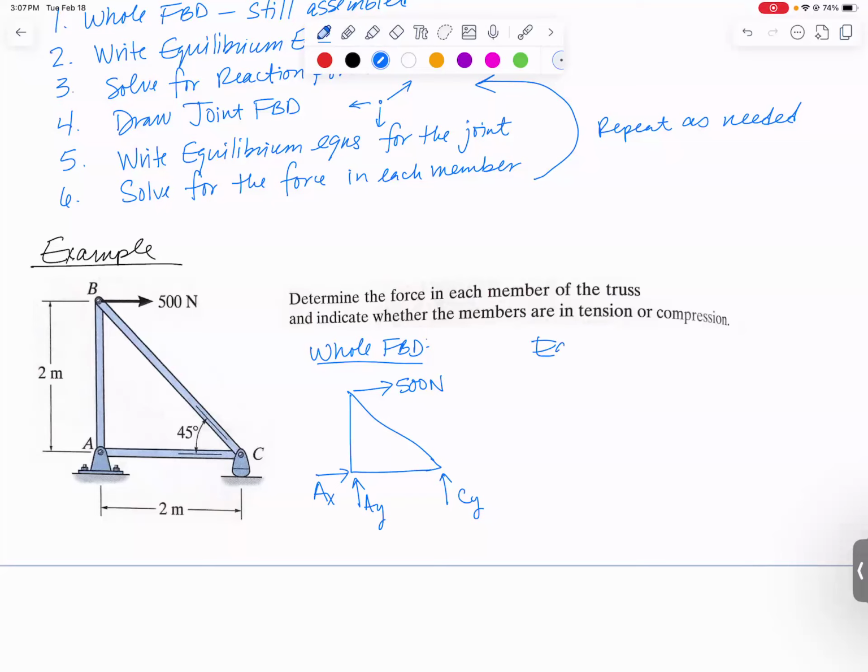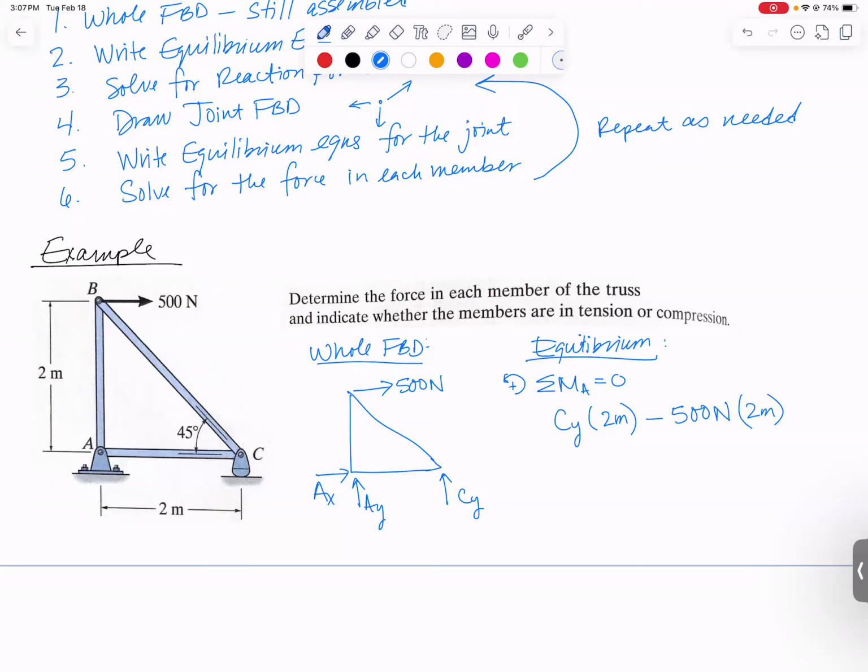So next we can write out equilibrium equations to solve for those 3 unknowns. I would like to sum moments about point A first, because that's where most of the unknowns are. And in doing that, I get CY, which appears to be 2 meters away from point A. That's causing a counterclockwise moment. And then clockwise, I have minus 500 newtons times 2 meters.